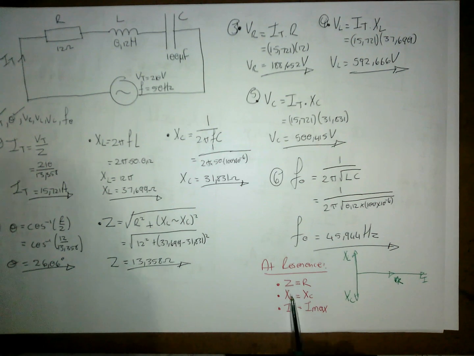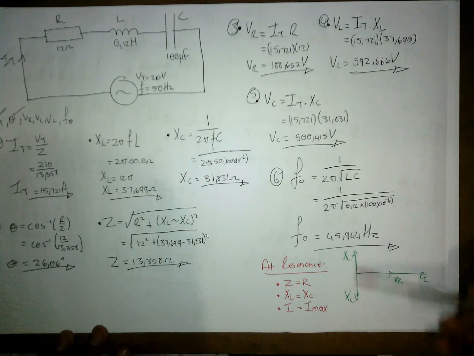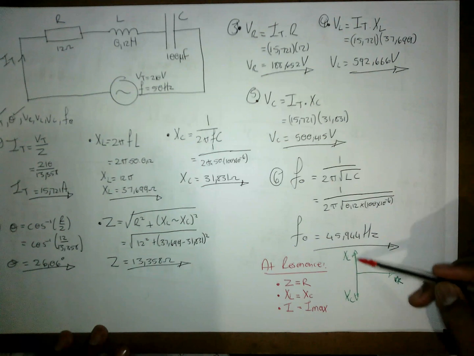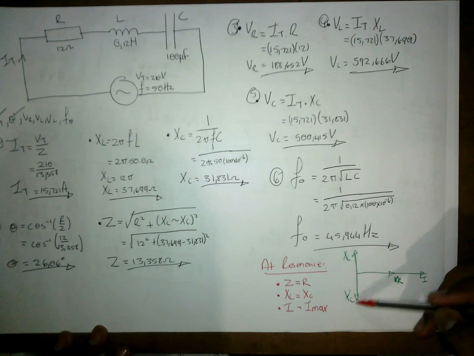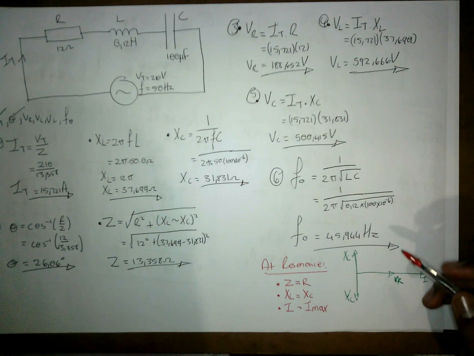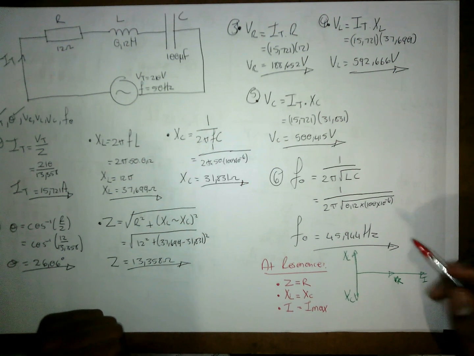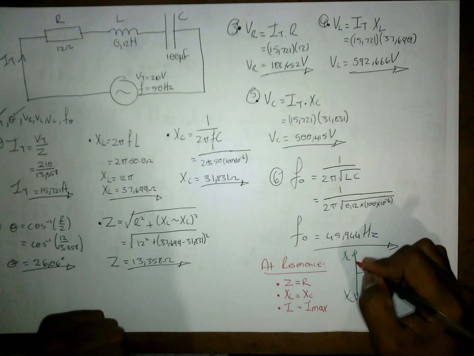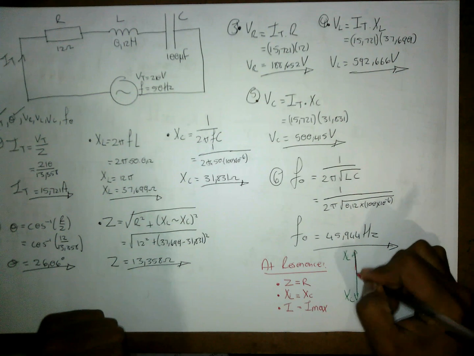What this is saying is at resonance, XL equals XC. So we know that these are going to subtract from each other, but because XL equals XC, they have the same magnitude, the same size, right?